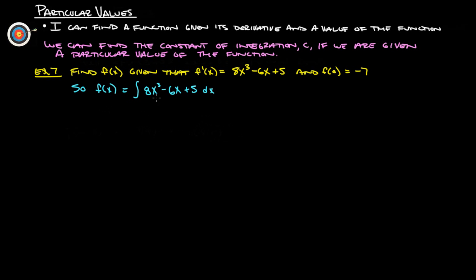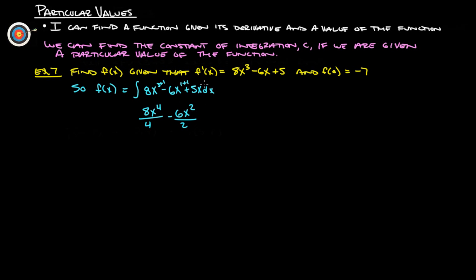3 plus 1 is 4, so we get 8x to the fourth, and that 4 always comes underneath. 6x to the first, add 1 to that, and we get minus 6x squared, and that 2 goes underneath as well.